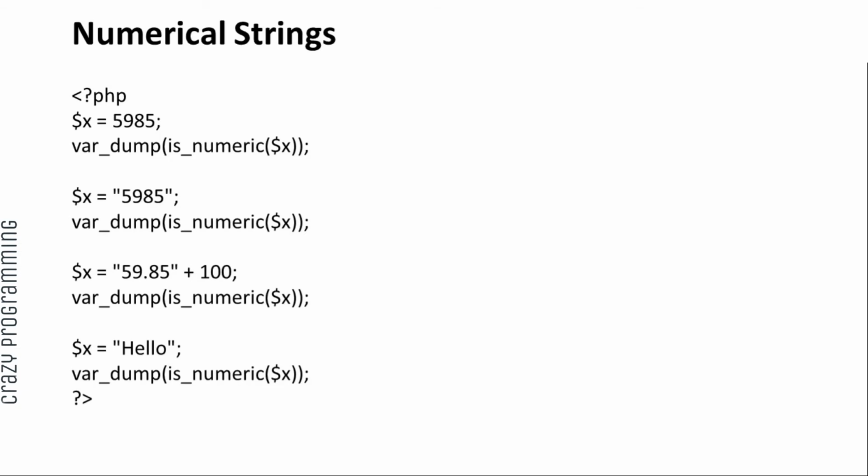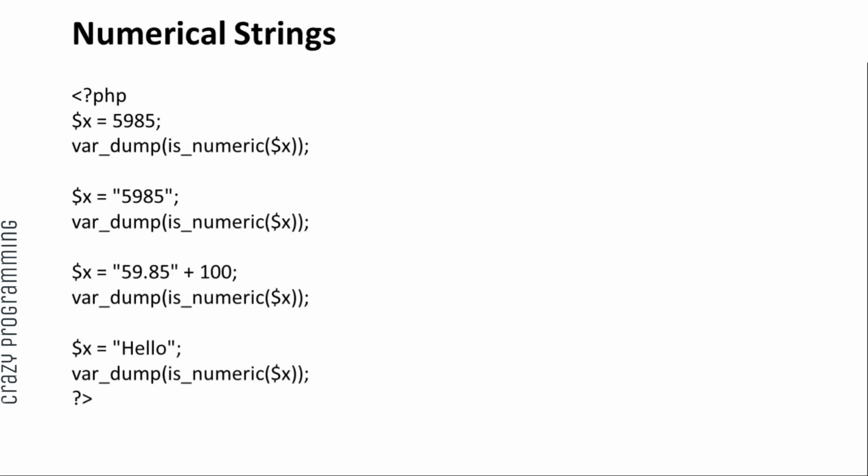Like this, we are using the second example with quotes. Inside the quotes we are using the value. So here we defined the x variable with 5985 inside quotes, and then we check var_dump is_numeric. If it's numeric, then it will show the result true, and if it's not numeric, it will show false.